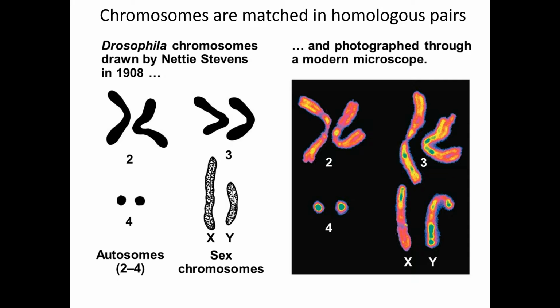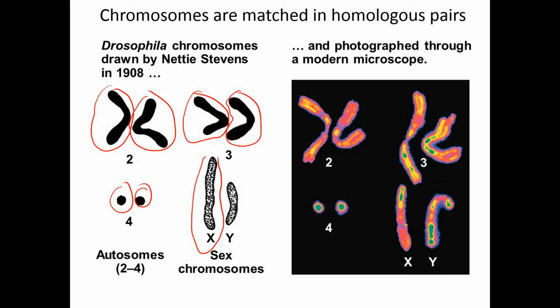You have a pair of chromosomes 2, a pair of chromosomes 3, 4, and the sex chromosomes. So this chromosome is homologous to this one, this chromosome is homologous to that one, this one's homologous to that one, and this one is homologous to the Y chromosome.